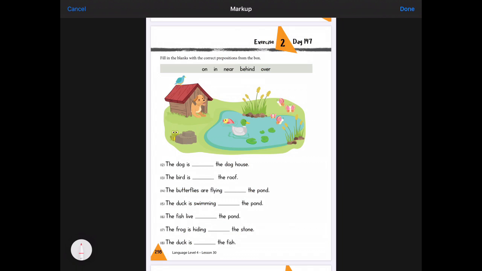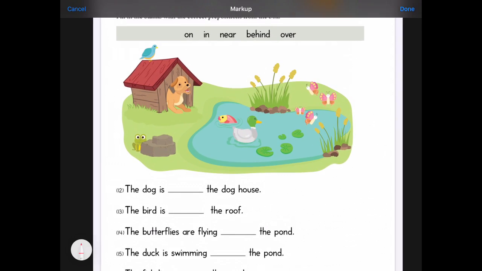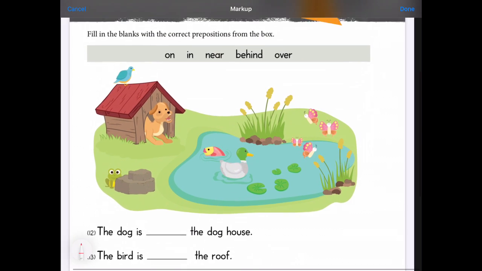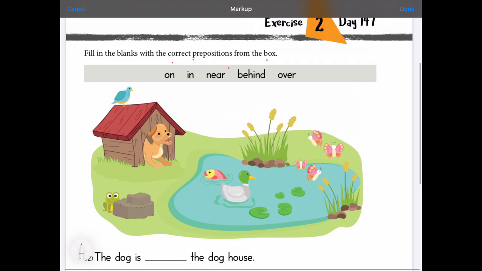On the next page, 298, there are some more preposition words of location. You have on, in, near, behind, and over. So take a look at your picture. You have some butterflies, a goose or a duck, fish, a dog, a bird, and a frog. So look at where they are. Like the butterflies, they're in the air. They're flying above the pond here. The duck is inside.